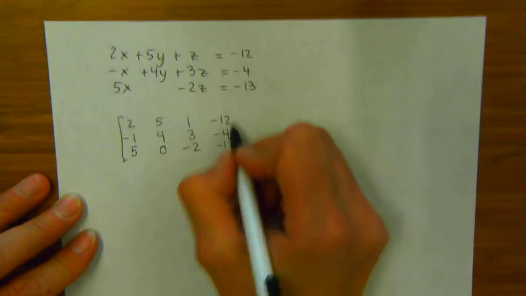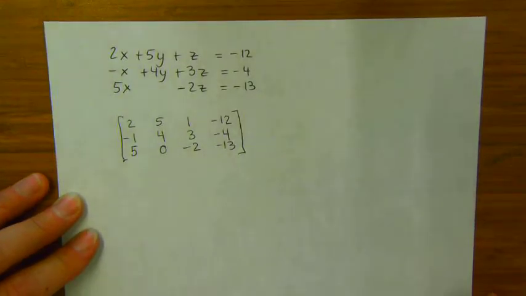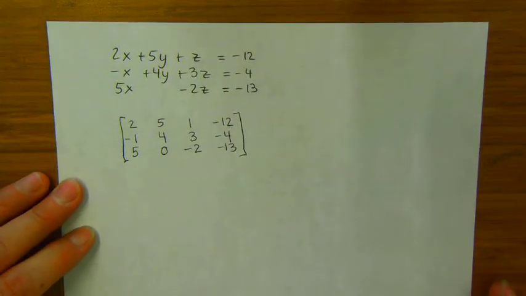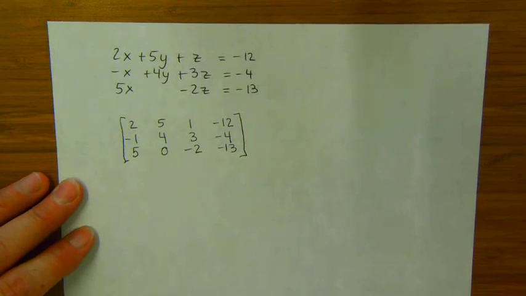So this is our matrix, and we're now going to do elementary row operations in order to change it. What we are allowed to do is multiply rows by numbers, and we can add multiples of one row to another. We can also switch our rows around.